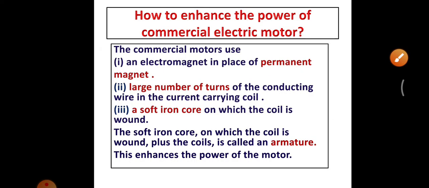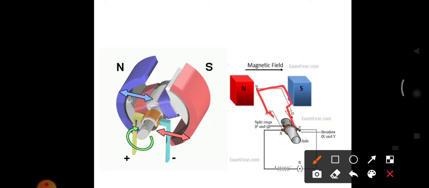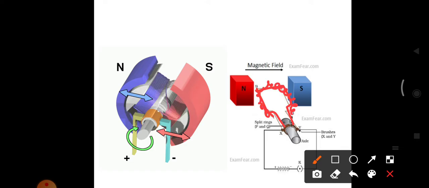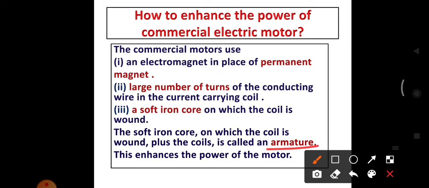Third, a soft iron core on which the coil is wound. Using the soft iron, we can wind the coils. The soft iron core on which the coil is wound, plus the coils, is called the armature. This enhances the power of the motor. The armature is nothing but, have you seen that in an electric motor a small soft iron core is present?